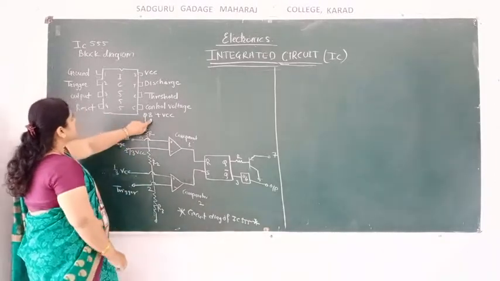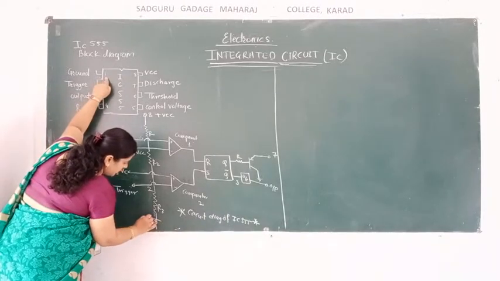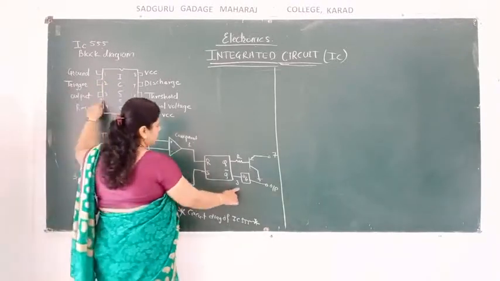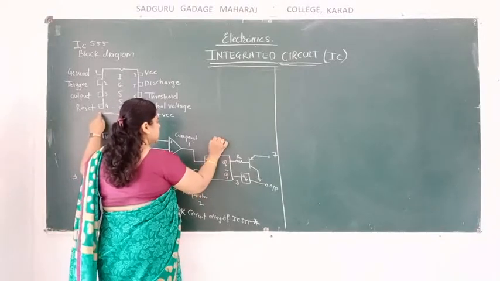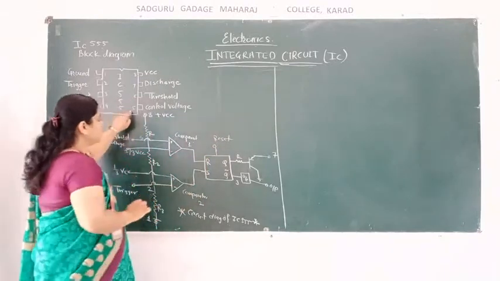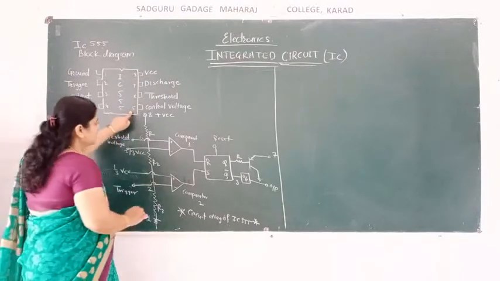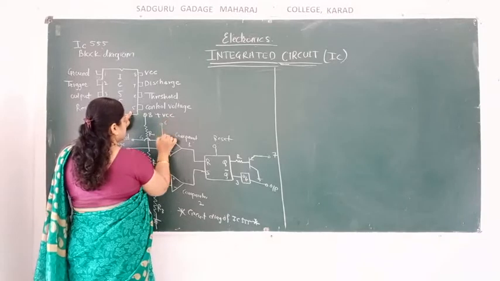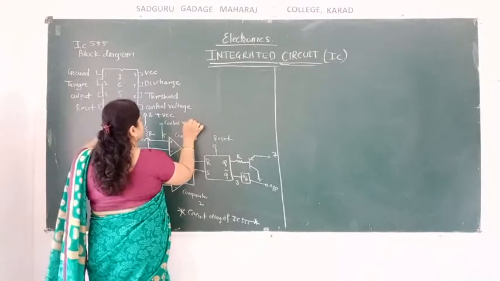Pin number 8 is there for VCC. Pin number 1 is ground. Here is the ground. And pin number 3 is giving output here. Pin number 4 is there to reset the circuit. Reset. And pin number 5 is there to control the voltage.